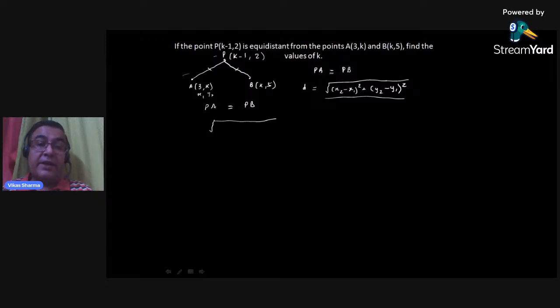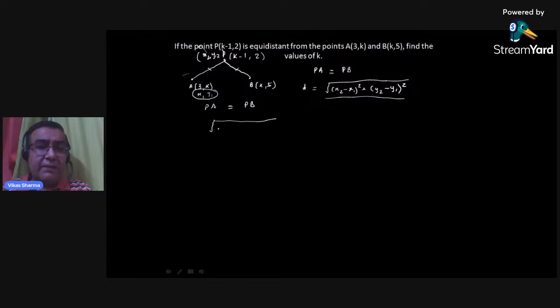I cannot take it as y2, because if I do that, it will be the biggest blunder of all. If I'm taking one coordinate set as x1, then the ordinate of that will also have to be y1. It can't be y2. It does not matter whether you take this as x1 comma y1 or x2 comma y2, or the other way around. In this case, I will take this as x1 comma y1, and this I'll take as x2 comma y2.